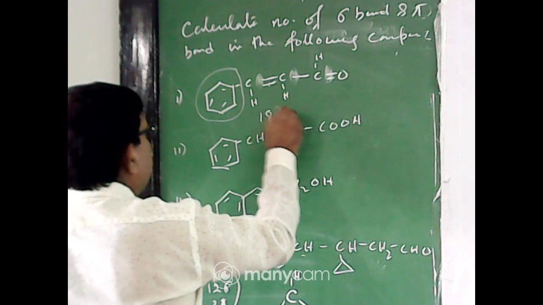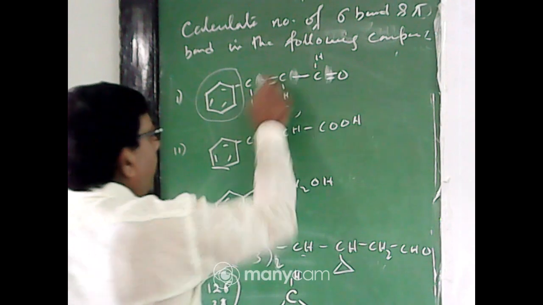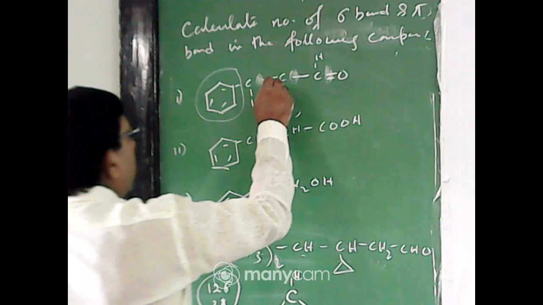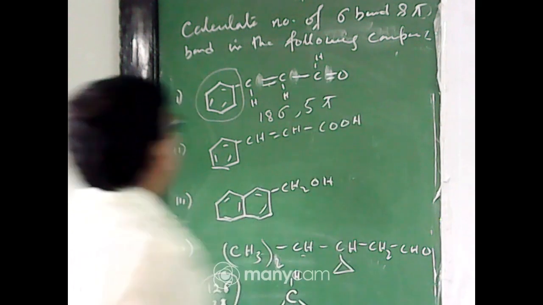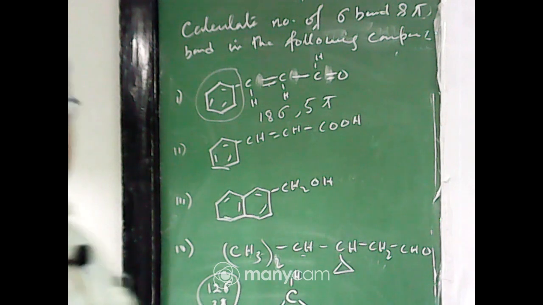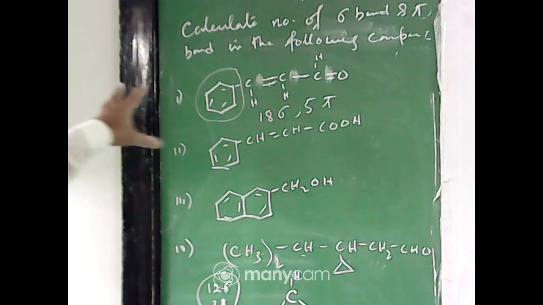So 18 sigma, and pi in the benzene ring is 3. A double bond means 1 sigma and 1 pi. So 3 plus 1 is 4, plus 1 is 5. 5 pi. 18 sigma and 5 pi. Hello, understood? Any problem calculating the number of sigma bonds and pi bonds in this compound?